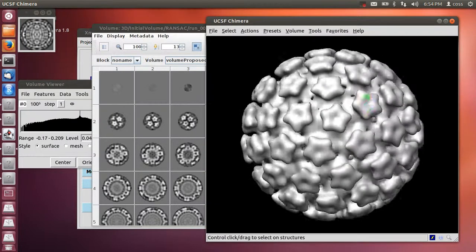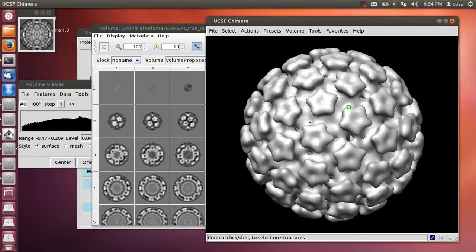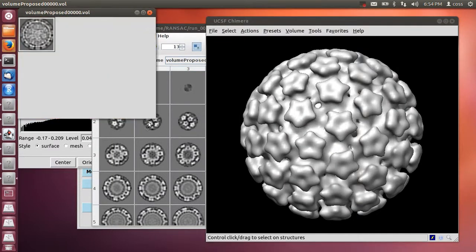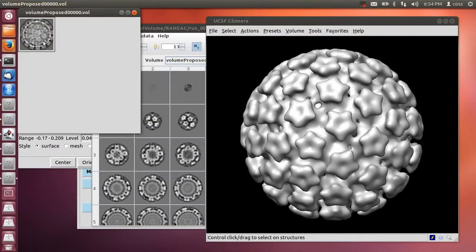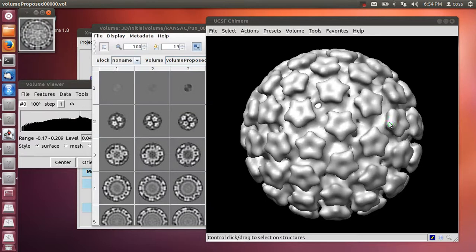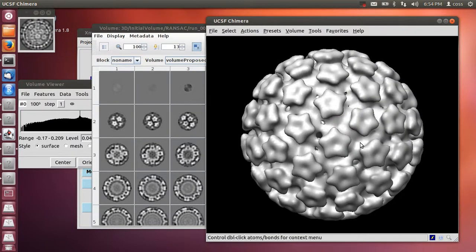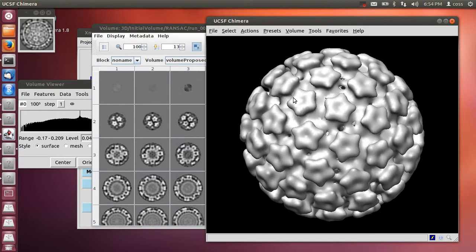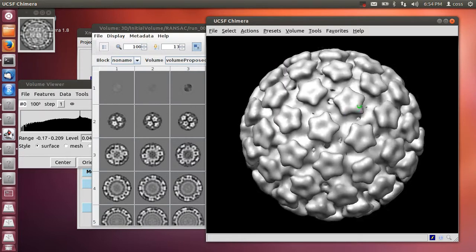So we have the volume we have reconstructed at 40 angstroms, and this is a projection of that volume in that direction. Okay, so it doesn't have precise details. If you change your point of view, this projection is updated, so you can try to figure out how the different projections look like.